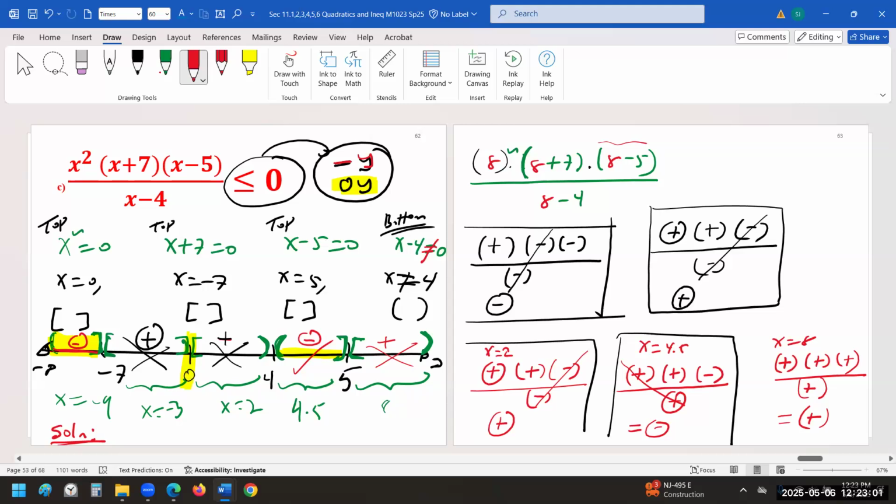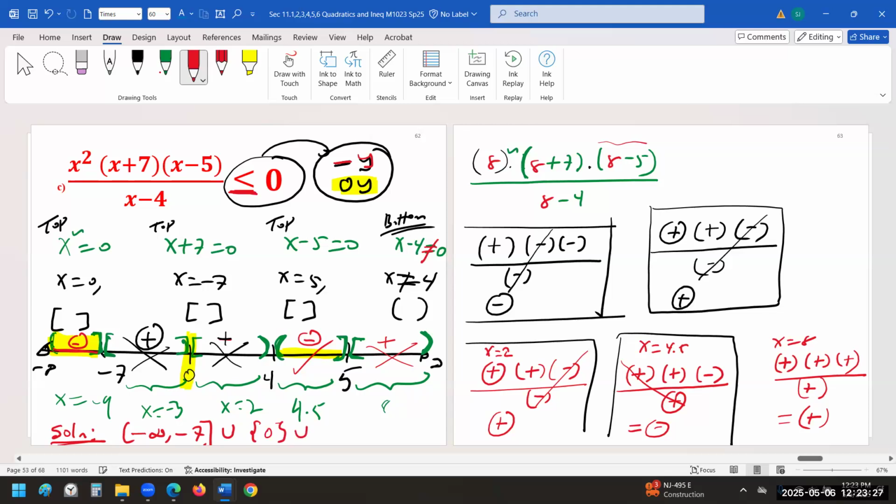So the first interval is from negative infinity to negative 7. Now negative 7 we got from the numerator, so we have to have a bracket because we have an equal sign. Infinity always gets parentheses. And then our next solution is only one number, 0. So for one number, we use curly brackets.